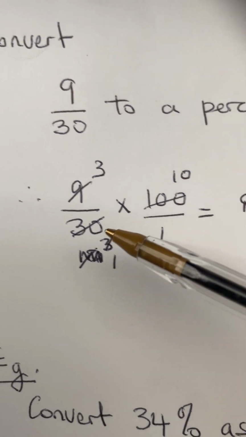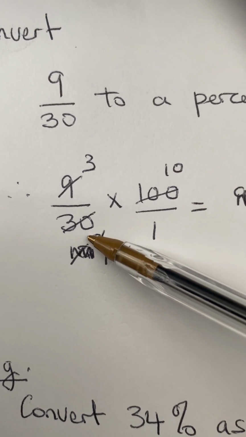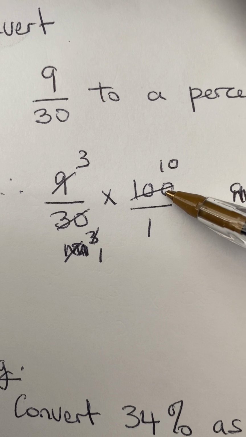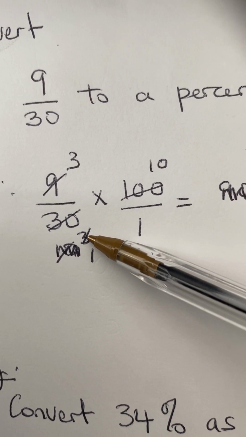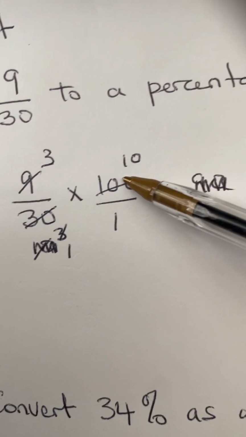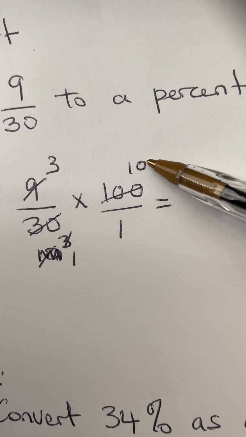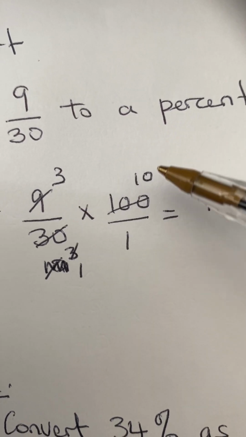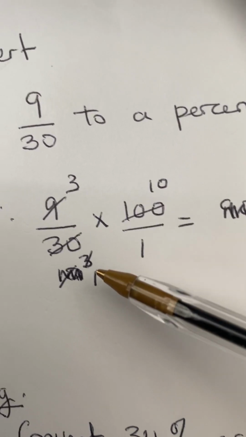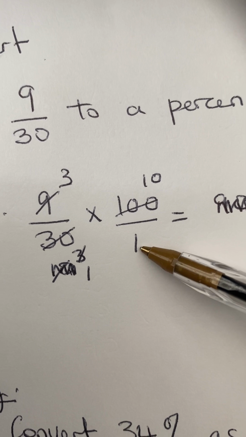Okay, so now let's look at it. 30 and 100. How many 10s do we have in 30? 3. How many 10s do we have in 100? 10. Okay, so now we have 3, 10, and then 3, 1.